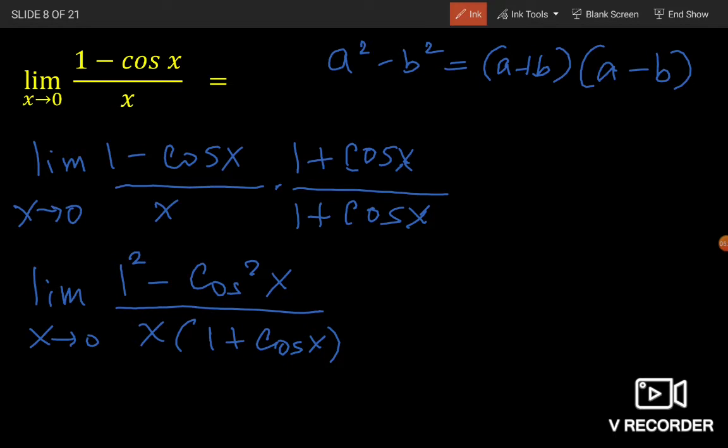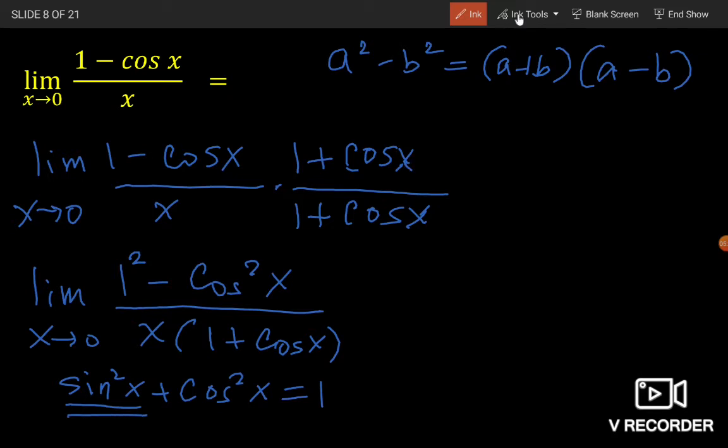Now, recall our trigonometric identity in the basic trigonometry. Recall that sine squared x plus cosine squared x is equal to 1. So we can say therefore that 1 minus cosine squared x is basically equal to sine squared x.